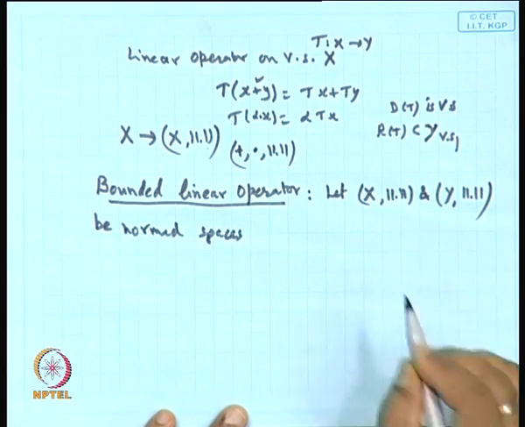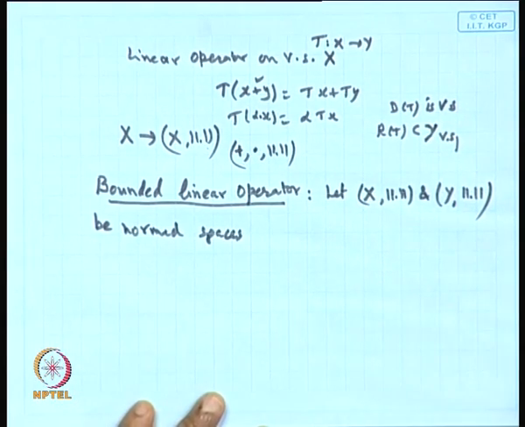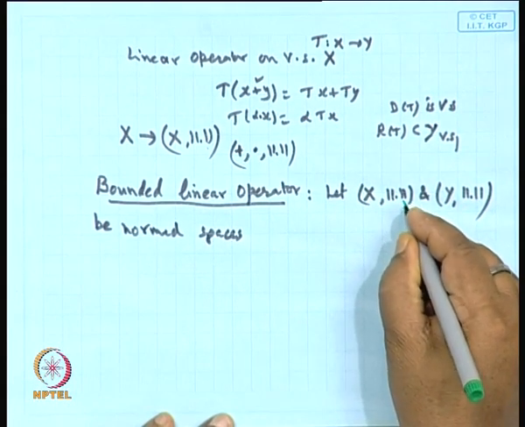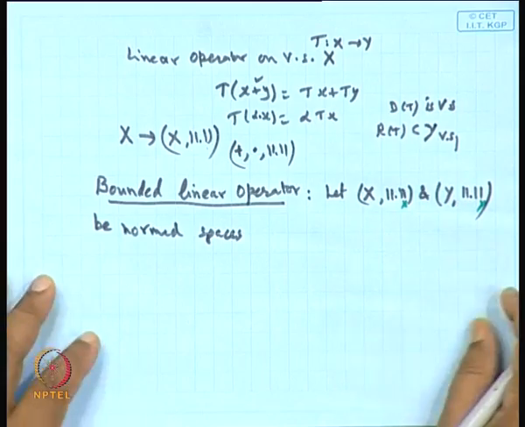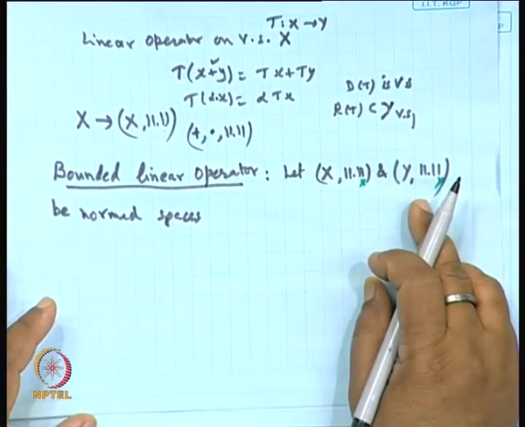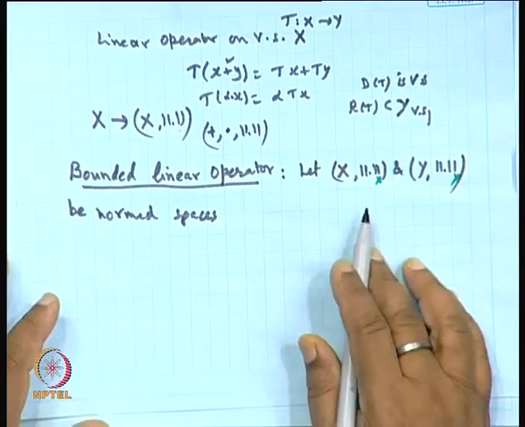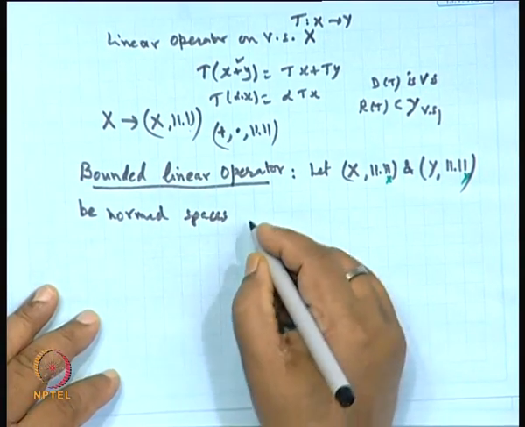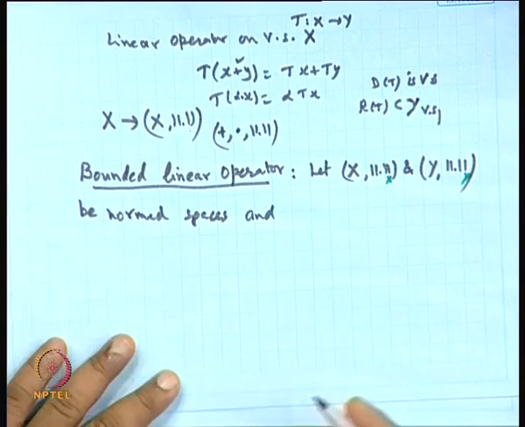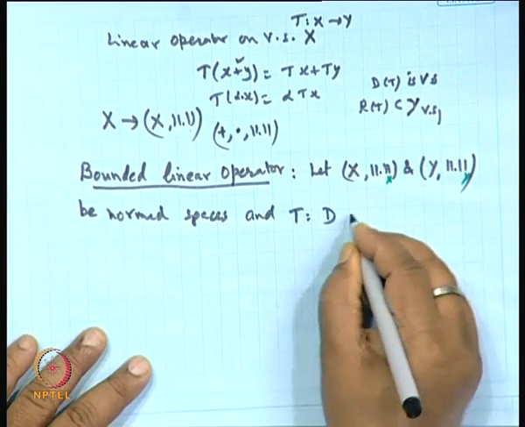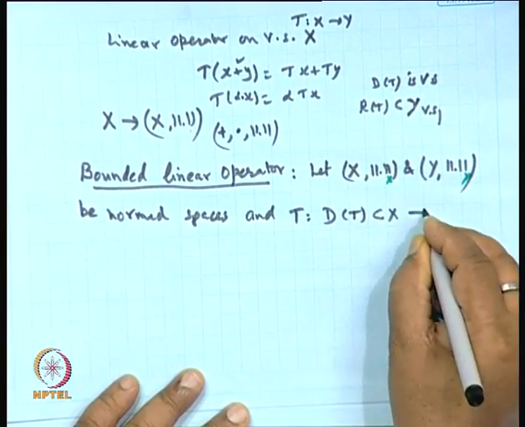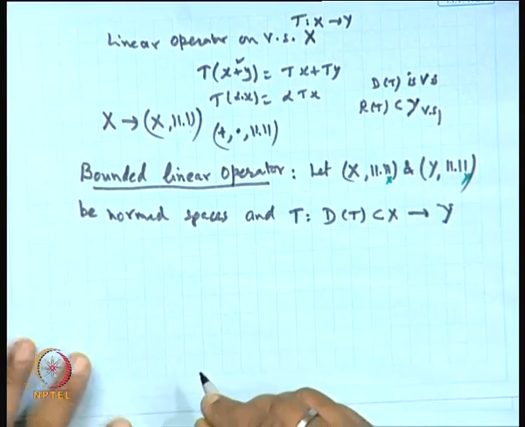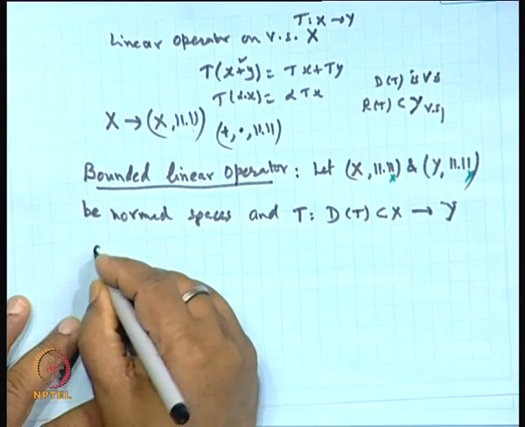Here I am using the same notation for the norm, though we can use another notation, norm X and norm Y. Normally we do not write it because it is understood that whenever the elements of Y are there, the corresponding norm of Y is used. So, let X and Y be normed spaces and T a mapping from the domain of T, which is of course a subset of X, to Y, a linear operator.